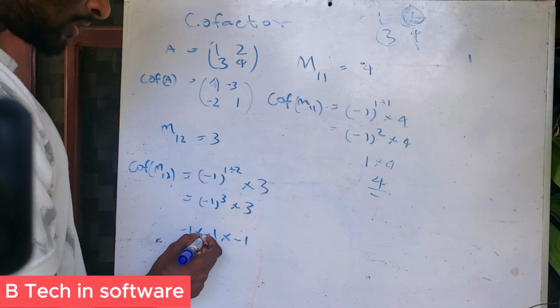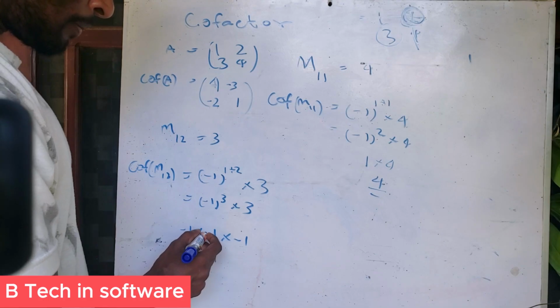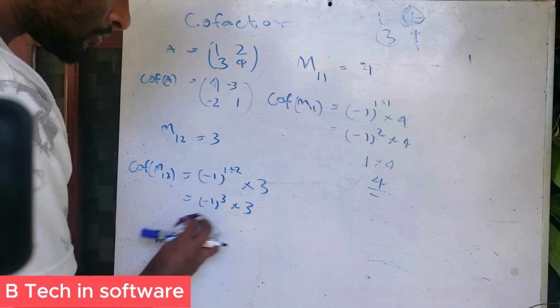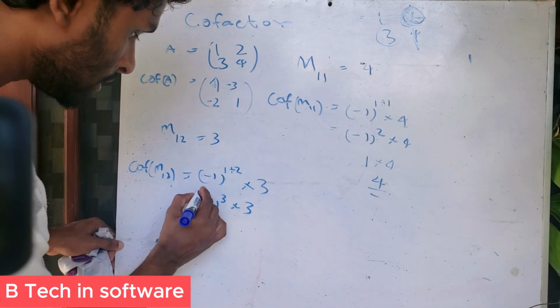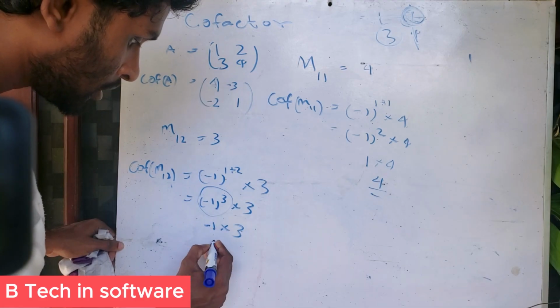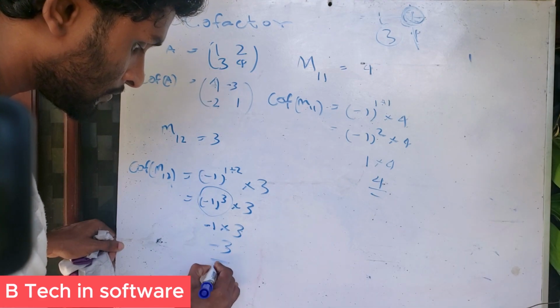Minus times minus is plus, and plus times minus will be again minus. That's why the output is minus 1 times 3, which is minus 3.